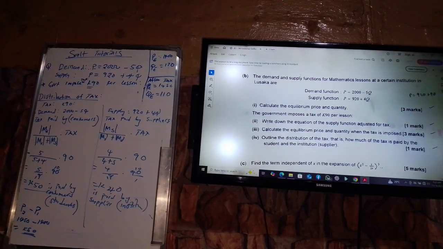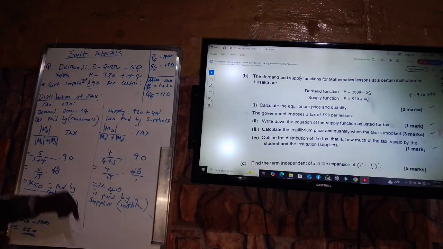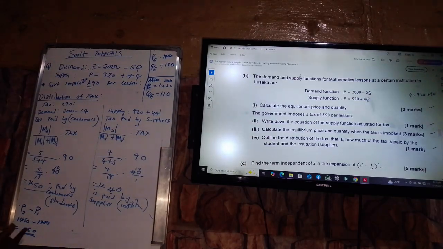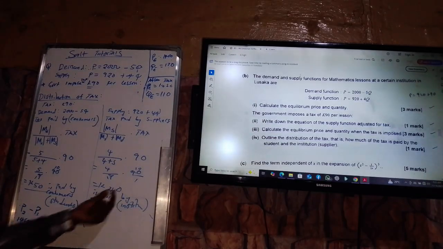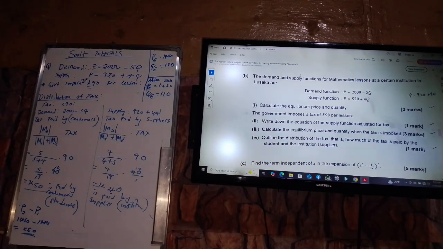This is what is being paid by the consumers. And then if you want to see what is paid by the suppliers, the total tax 90 minus the 50 kwacha is basically the 40 kwacha. As simple as that. So that is how you deal with the demand function question there.